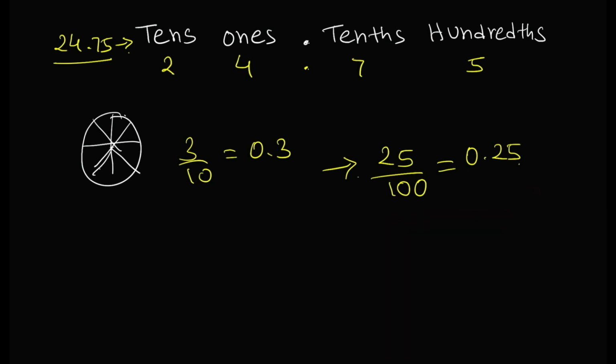Okay, so let's see an example of a little bigger number. So I will write a number here, 325.45.